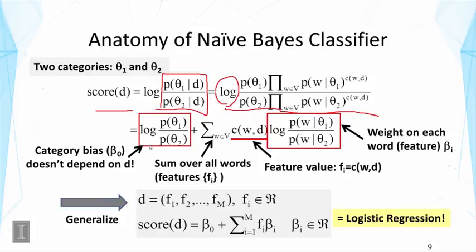And this slide shows how naive Bayes classifier can be connected to logistic regression. And you can also see that in discriminative classifiers that tend to use a more general form on the bottom, we can accommodate more features to solve the problem.